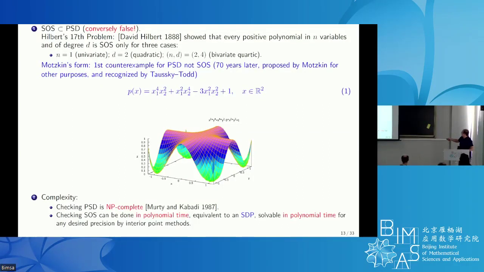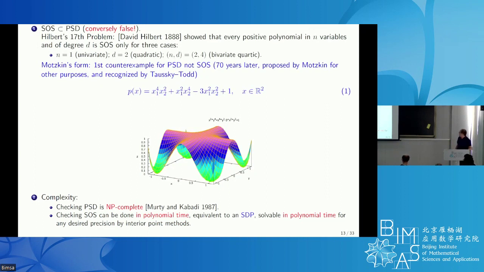It's always non-negative, and it cannot be rewritten as a sum of squares. This is the first example. After that came a series of examples, and in fact infinitely many counterexamples exist. This is a typical one.